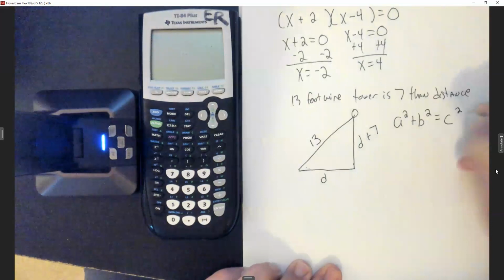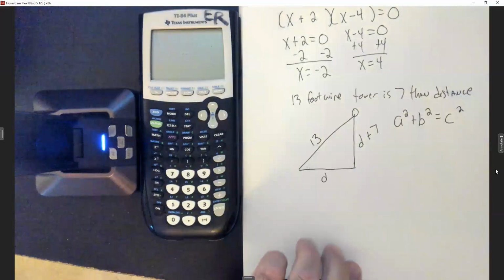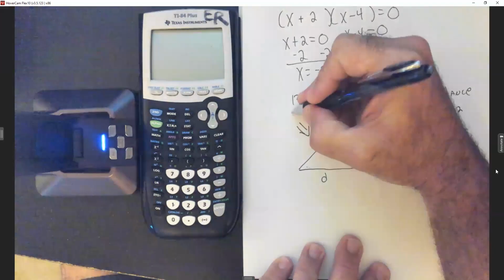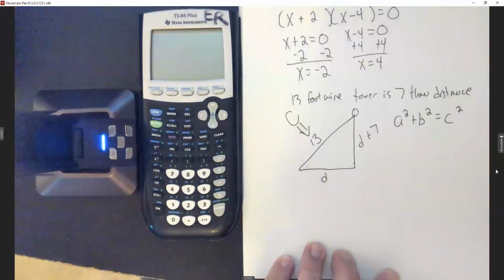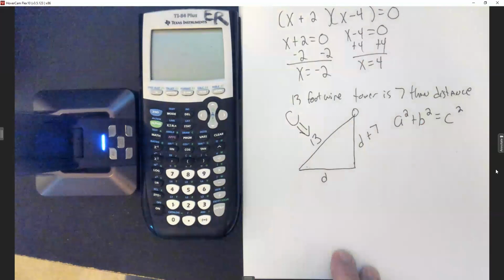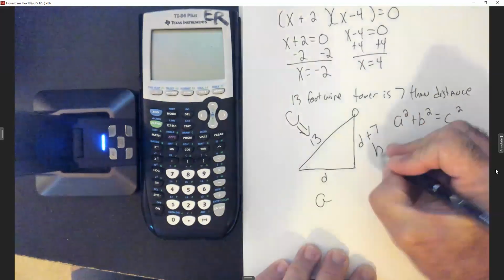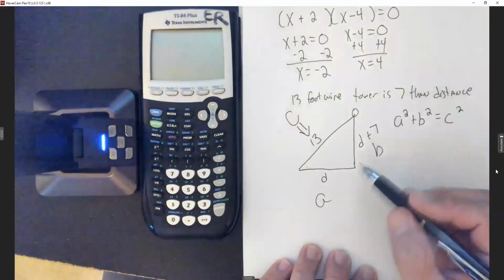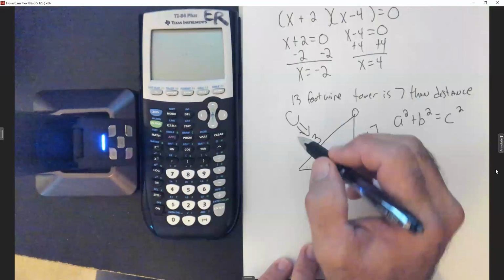The only thing that's picky about the Pythagorean theorem is that this C has to be that longest side right there. C is always the hypotenuse. So this can be A and this can be B, or you could have done it the other way. It doesn't matter which one's A and B, but it does matter that that side is the C.